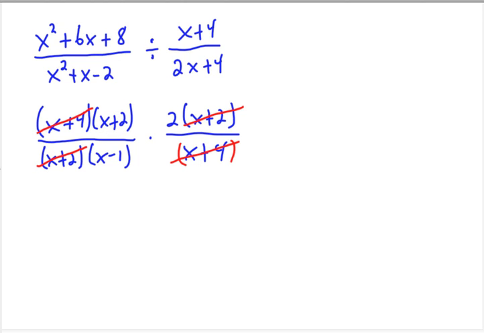So that leaves 2 times x plus 2 on the top, and just an x minus 1 on the bottom. Now when it's all alone by itself, you don't have to put parentheses there. Again, you could write 2x plus 4 on the top, but you don't have to do that, so to save time, don't worry about it.